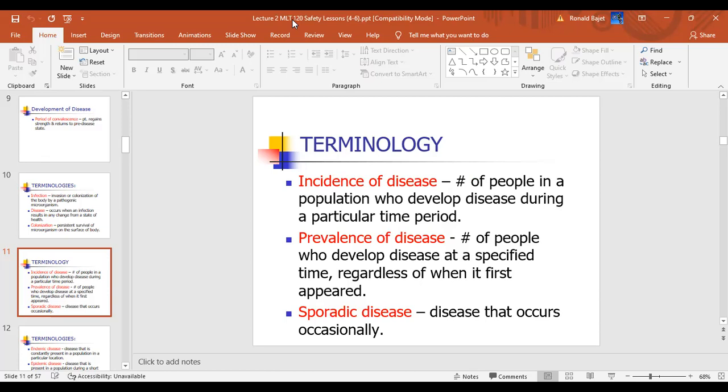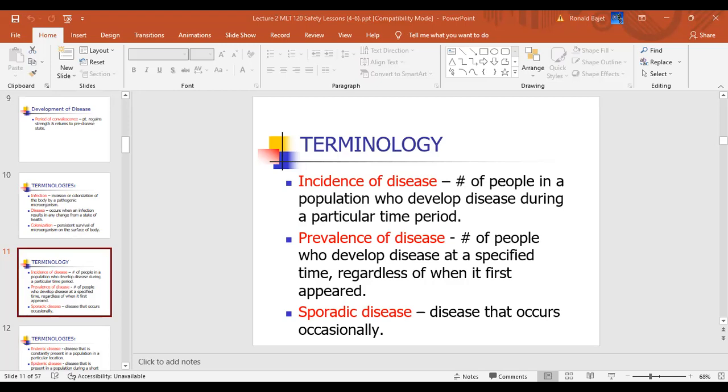So it's the number of new cases divided by the number of people who can be infected. So incidence is the number of new cases divided by the number of persons at risk for infection.